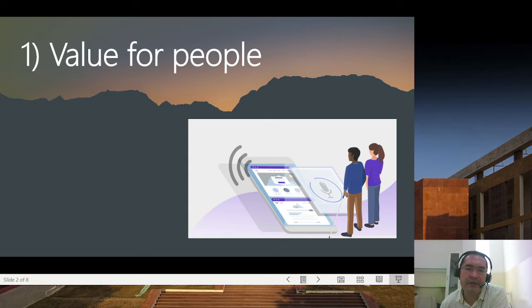So principle number one is the same that we usually consider for any design: the value for people.